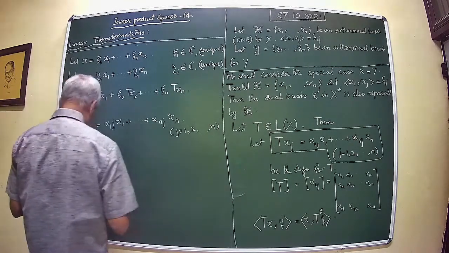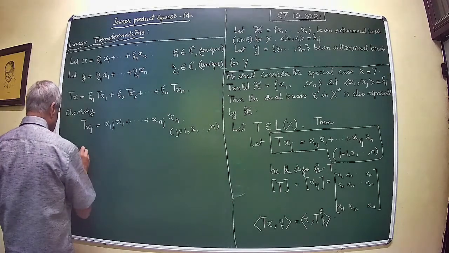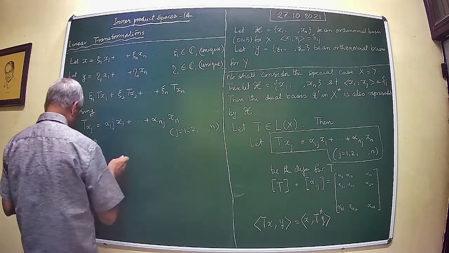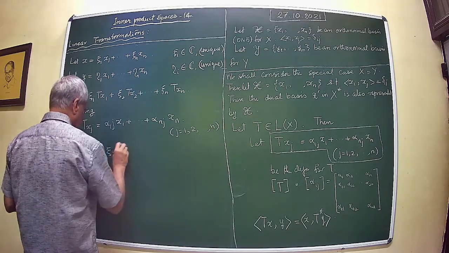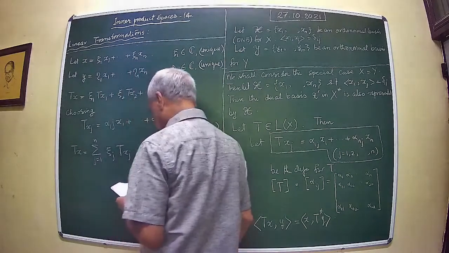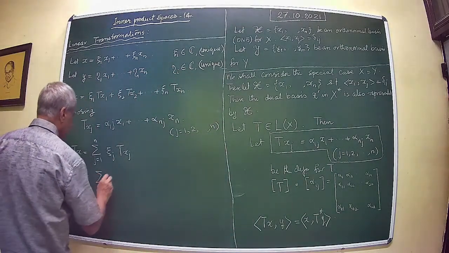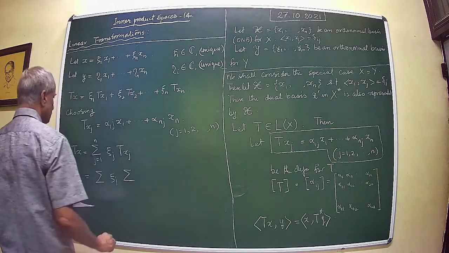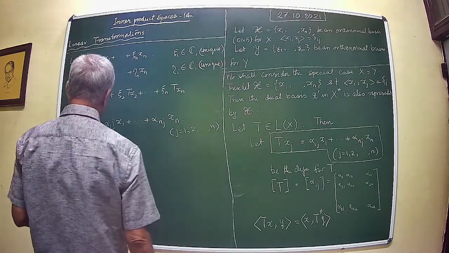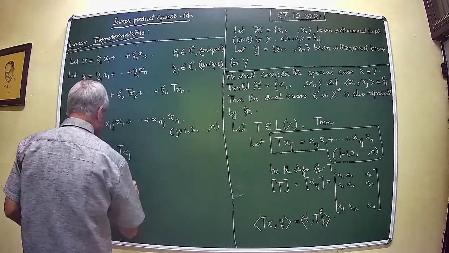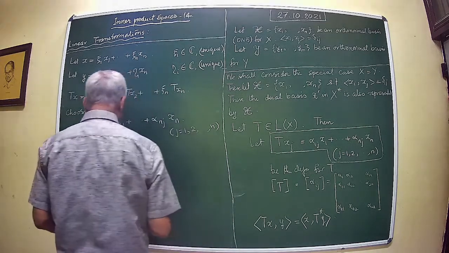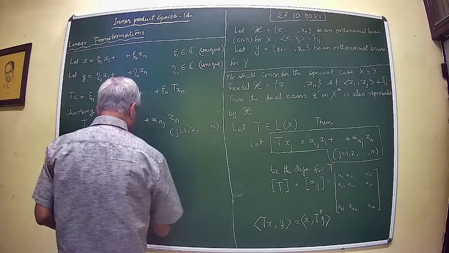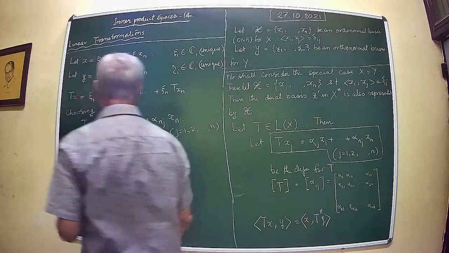So Tx becomes the sum of psi j Txj, which is equal to, Txj is the sum of alpha ij, psi j.